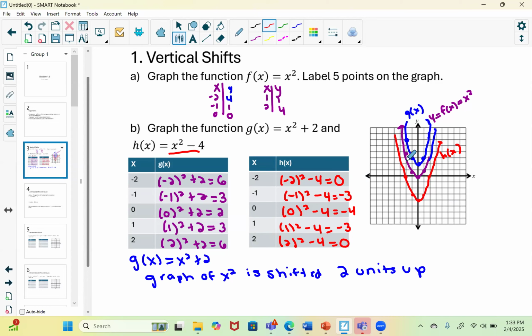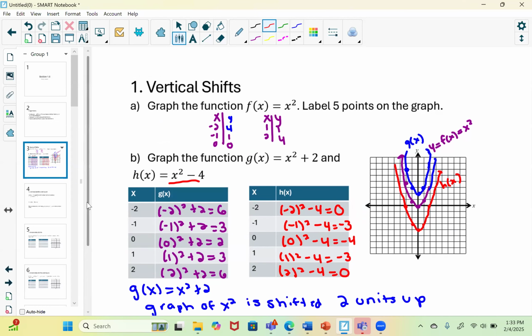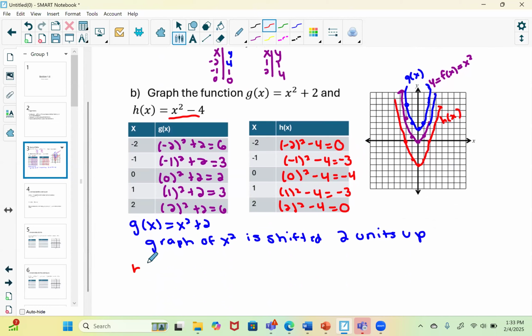This point here is shifted down 1, 2, 3, 4. So all of these y values are 4 units below the original. And so when I have h of x equals x squared minus 4, it shifts x squared down 4 units.